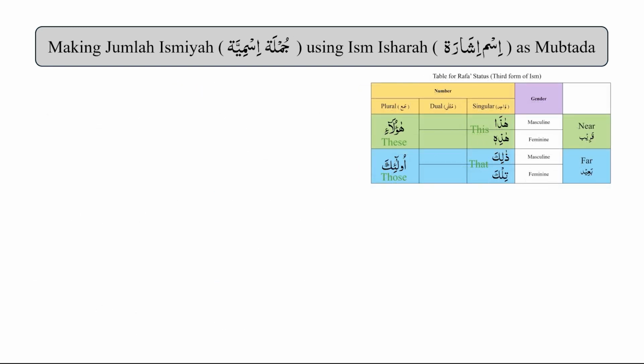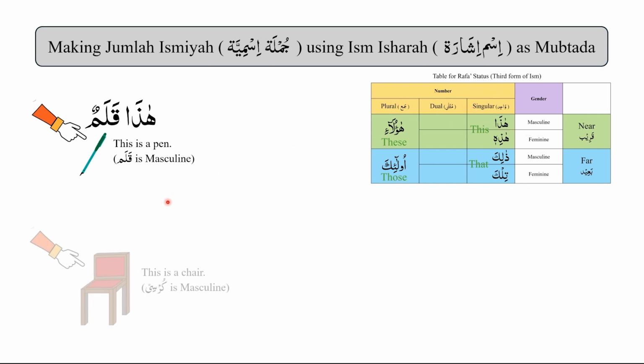Now we will study demonstrative pronouns or asma-e ishara for objects. This is a pen. Haza qalamun. Since qalam is masculine, we will use haza. For masculine, we are using haza because we are pointing towards something that is near, singular and masculine. This is a chair. Haza kursiyun.